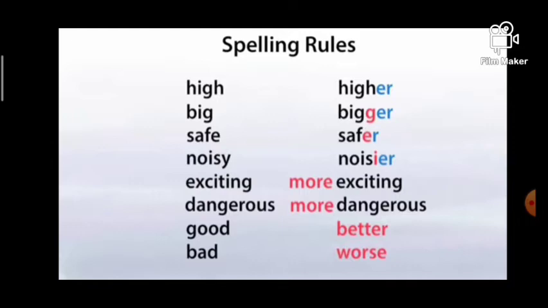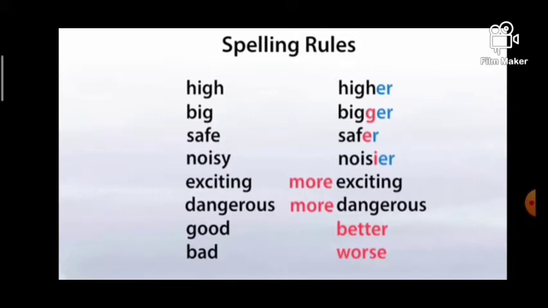Again, see next, dangerous. Here also you have to add more: more dangerous. Then some words will be changed completely. Some adjectives totally change. For example, good. We can't write gooder, so we have to write better. Then bad. We can't write badder, we have to write worse.